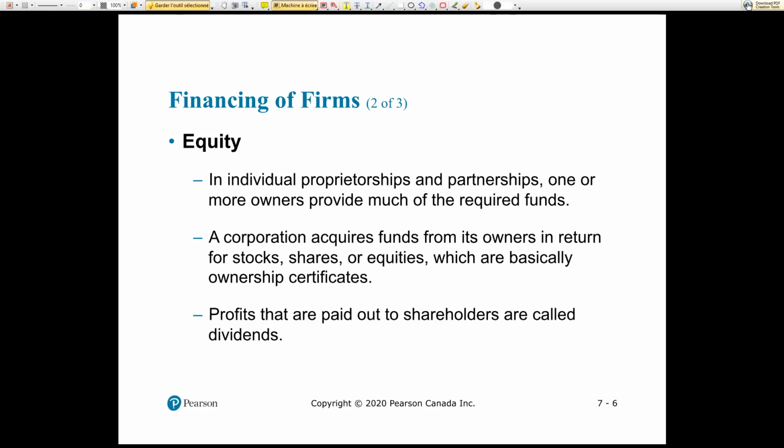Okay, so what is equity? Equity is individual proprietorships and partnerships. One or more owners provide much of the required funds for the firm.